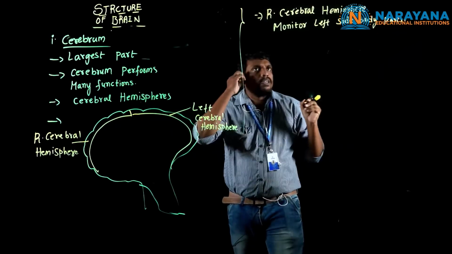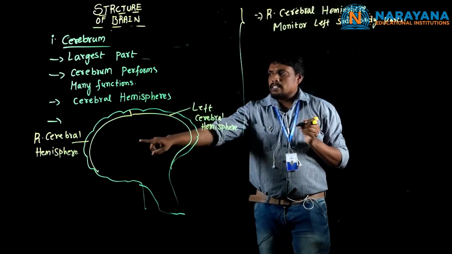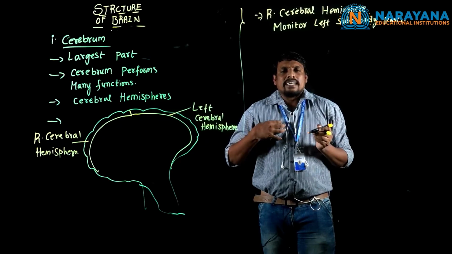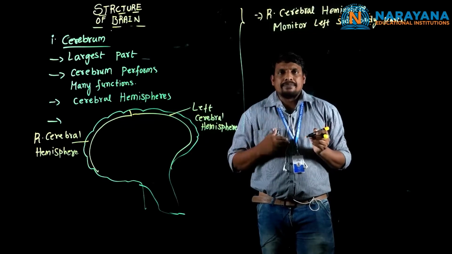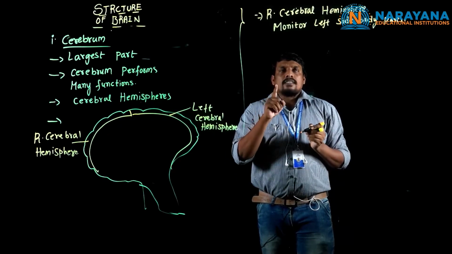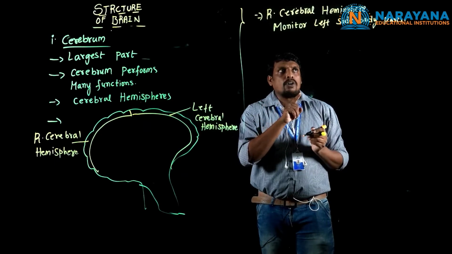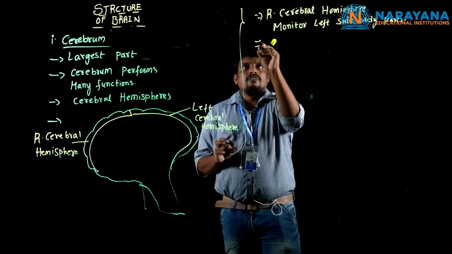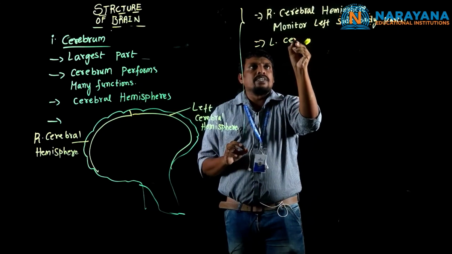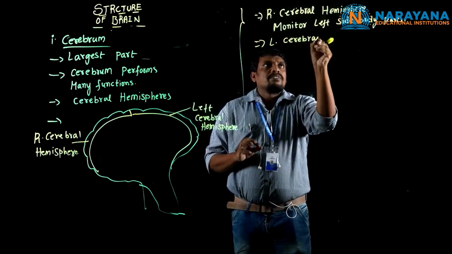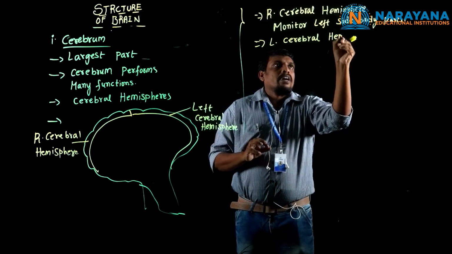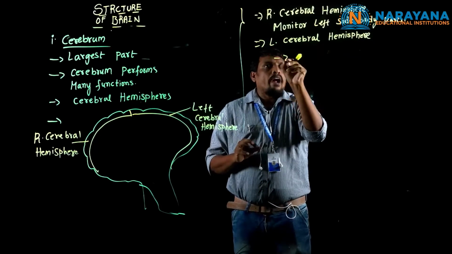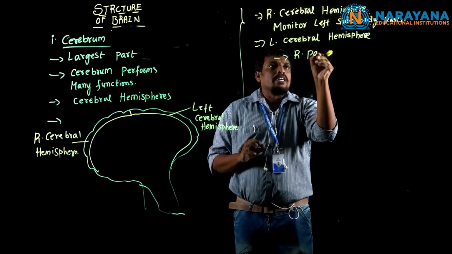What I am trying to say is, some of the nerves from the right cerebral hemisphere are connected to the left side internal organs and monitor them. Whereas the left cerebral hemisphere controls and coordinates with right side parts of the body.